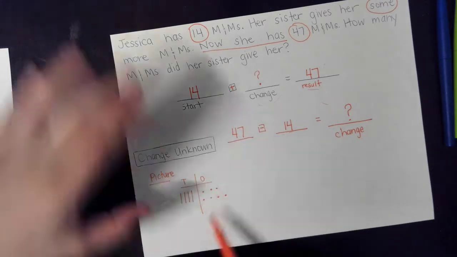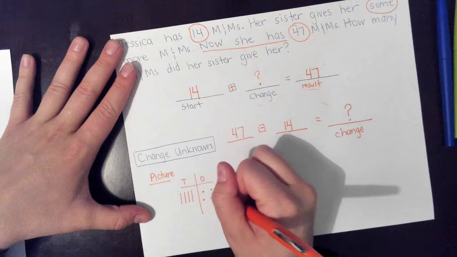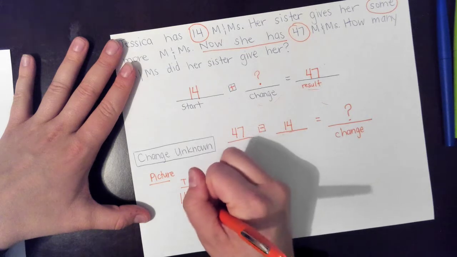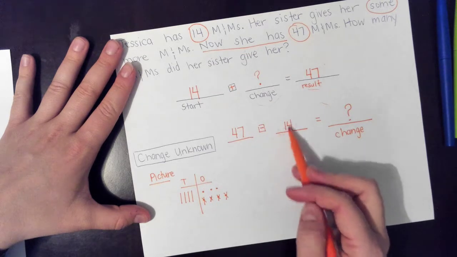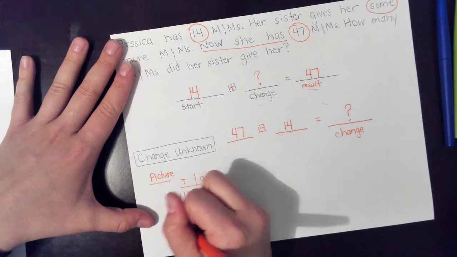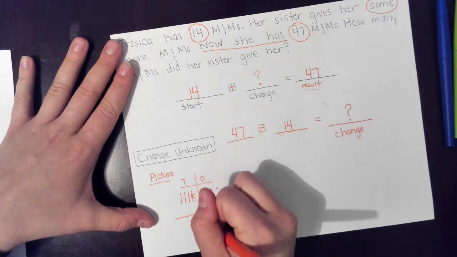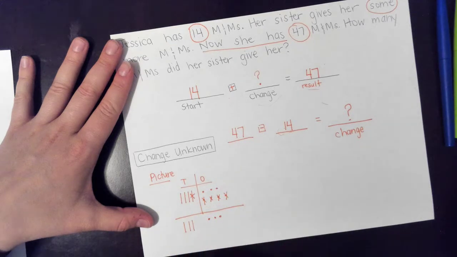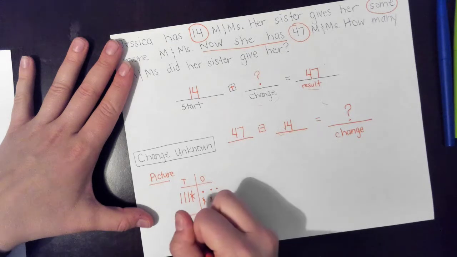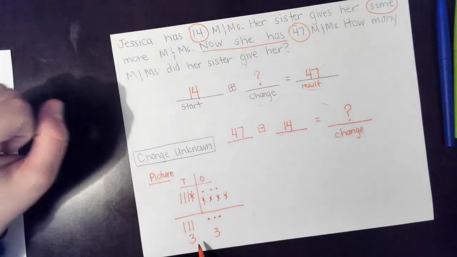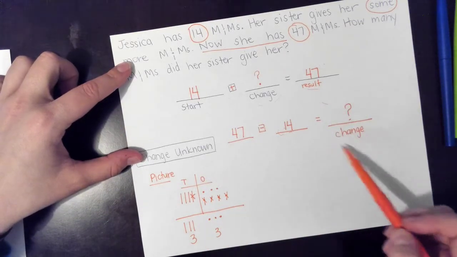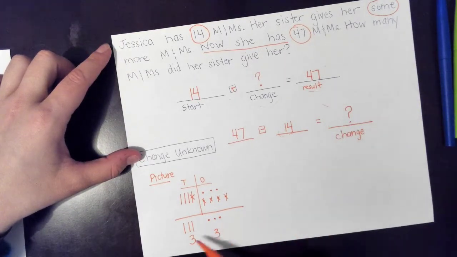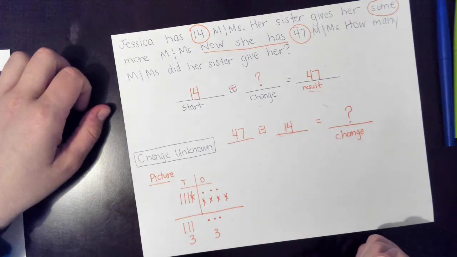I know that I'm going to take 4 ones away. So 1, 2, 3, 4. And then 1 ten is going to be taken away. So I see that I'm left with 3 ones and 3 tens. So I have 3 ones and 3 tens. So this tells me that the change, how many her sister gave her, is 33.